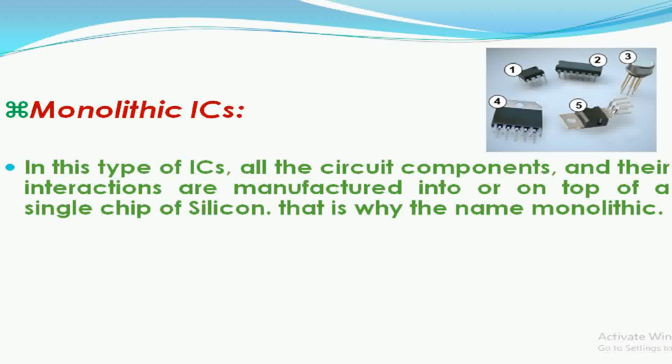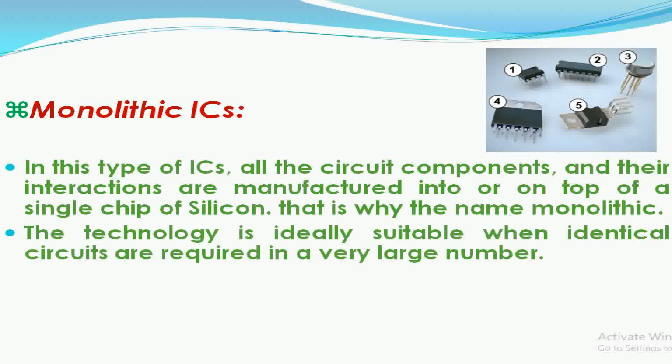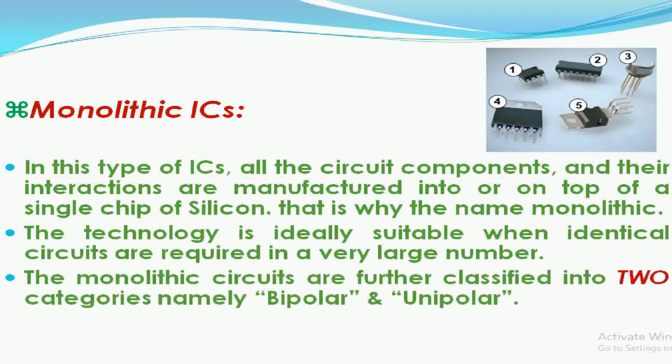Monolithic ICs. In this type of IC, all the circuit components and their interconnections are manufactured into or on top of a single chip. That's why it is called a monolithic IC. This technology is ideally suitable when identical circuits are required in very large numbers.